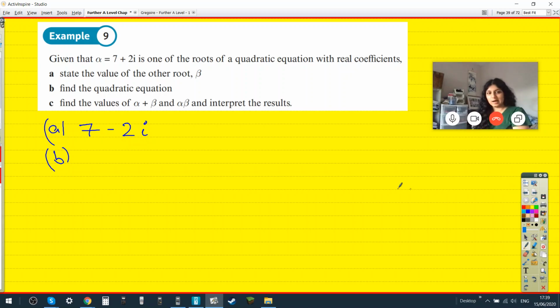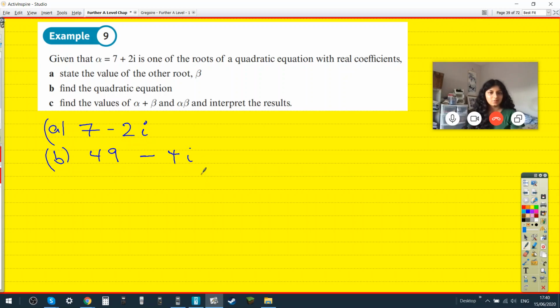So 49 minus 4i. I don't know if that's right, but it's that alpha plus beta. 4i?